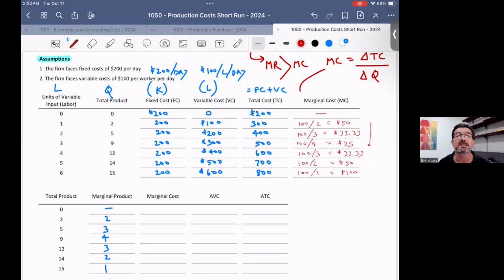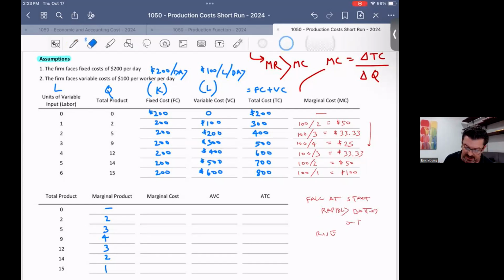So we typically see marginal cost will fall at the beginning, and then it will rapidly bottom out, and then it'll rise. And once it starts rising, it keeps rising.